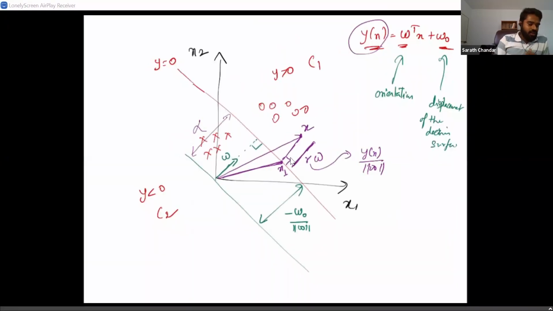Essentially, we wanted to understand the linear model for classification, which is y of x equals w transpose x plus w0.